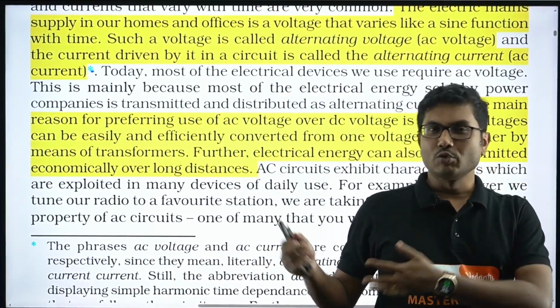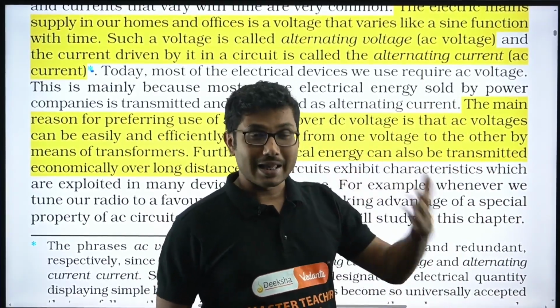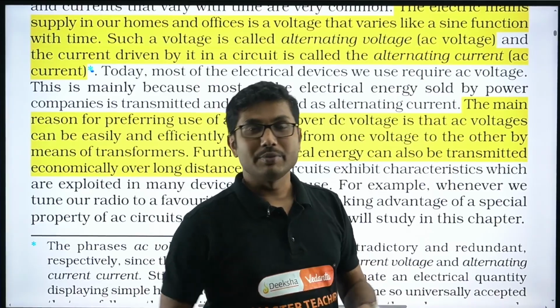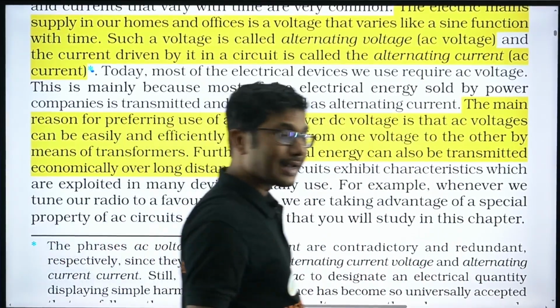There is a proof of that: if you keep the current high, there will be higher loss compared to keeping the voltage high, because in terms of current it is I square into R.